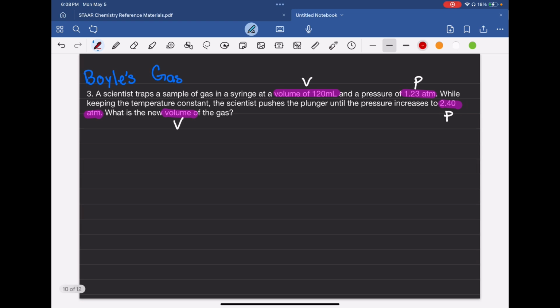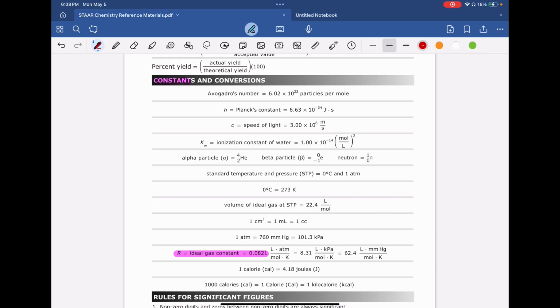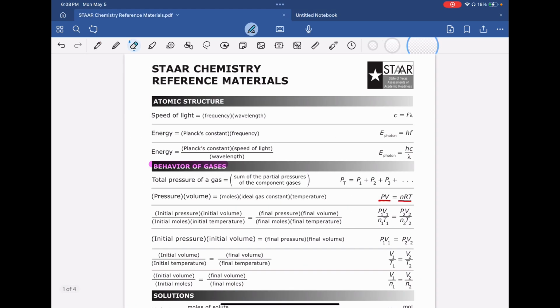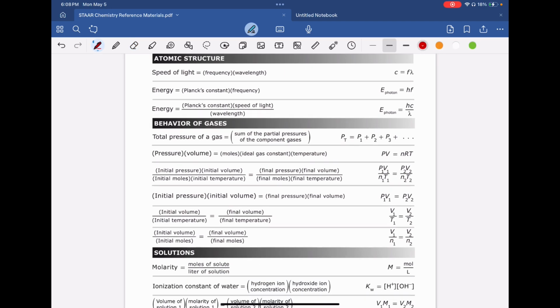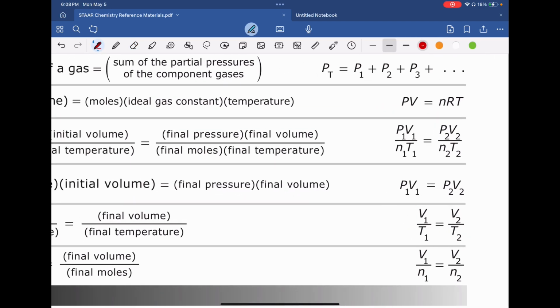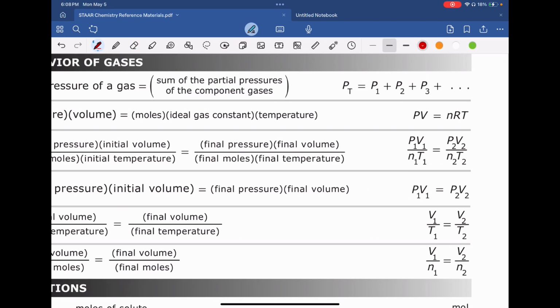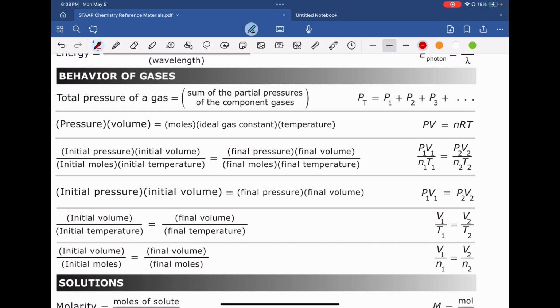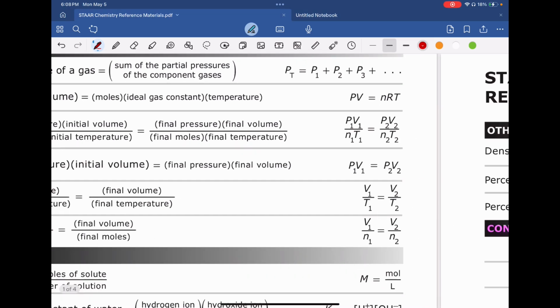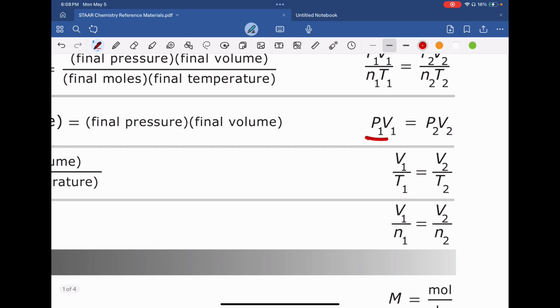So we see that we have 2 pressures and 2 volumes. We go back to our reference paper. If we look, we are going to be using this formula for Boyle's law, pressure and volume.